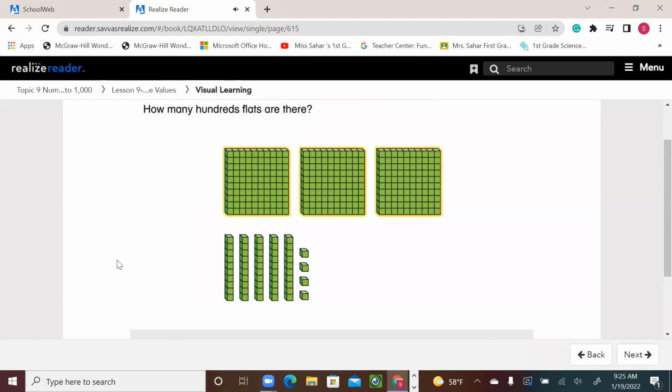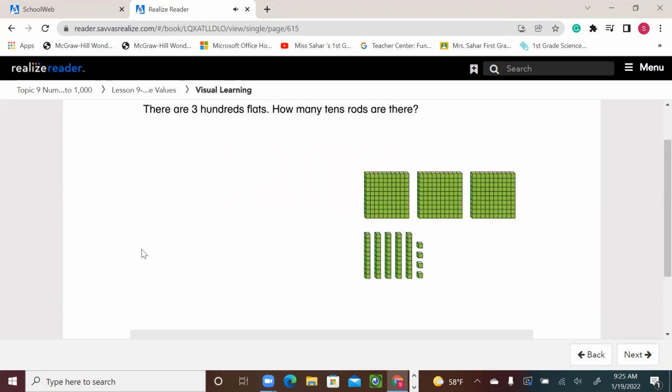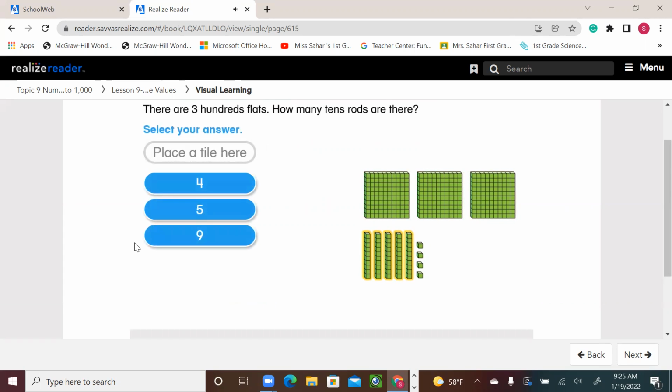How many hundreds flats are there? There are 3 hundreds flats. How many tens rods are there? Select your answer. All right, let's count. 10, 20, 30, 40, 50. 1, 2, 3, 4, 5.